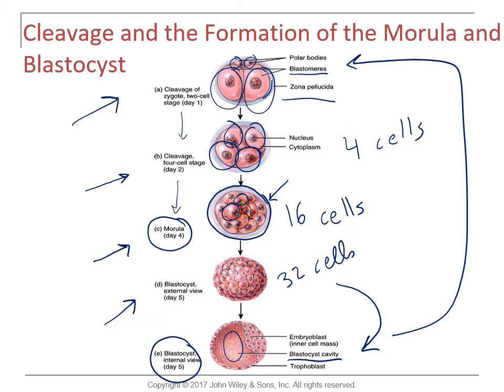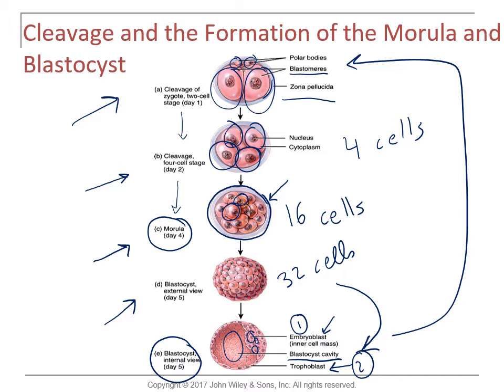During the formation of the blastocyst, 2 distinct cell populations arise. We have the embryoblast, this is the first one, and the second one is the trophoblast. Like we said, the embryoblast is the inner cell mass. Those cells inside are located internally and eventually develop into the embryo.